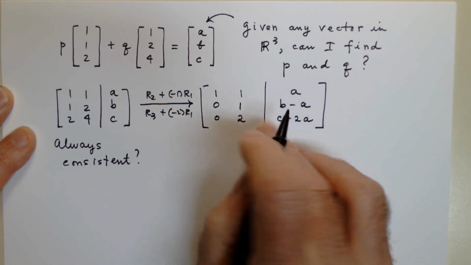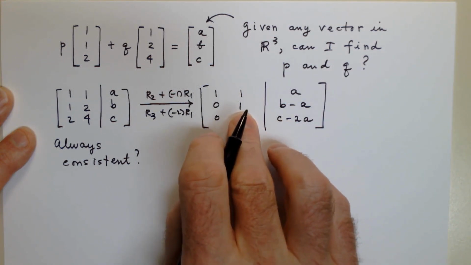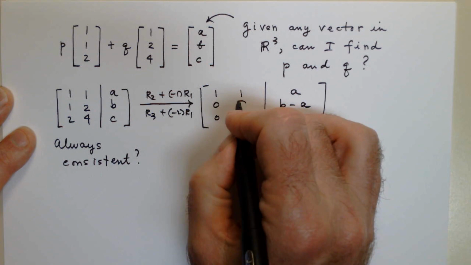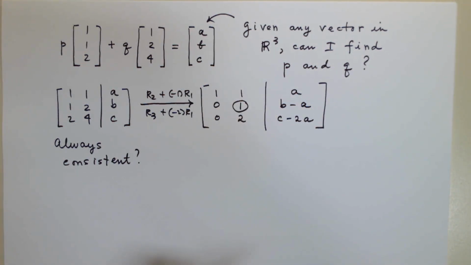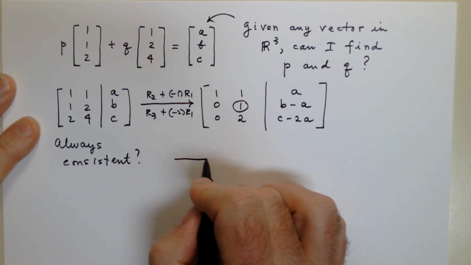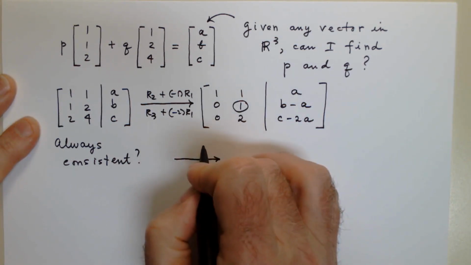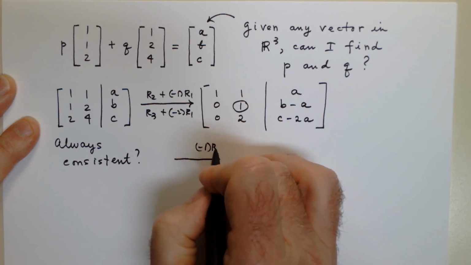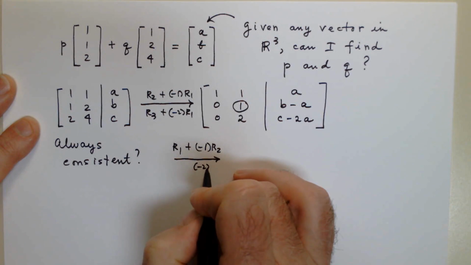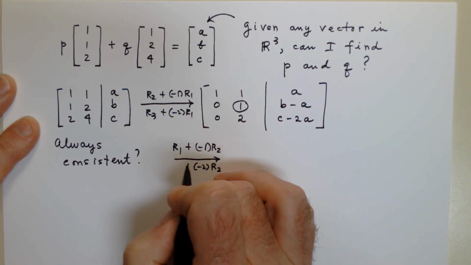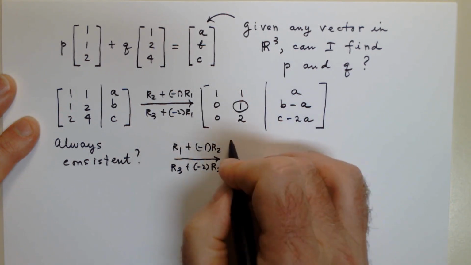Okay, now I've created a new leading entry here, and it's already a 1, so that's nice. I'm going to use this 1 to eliminate the other elements in its column. So let's see, that's going to require a -1 times row 2 added onto row 1, and a -2 times row 2 added onto row 3.